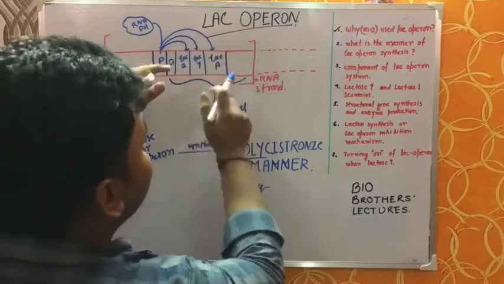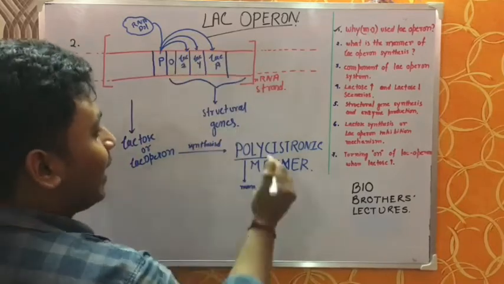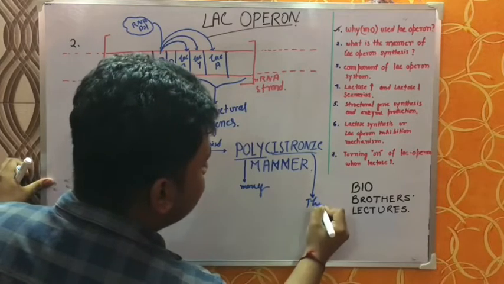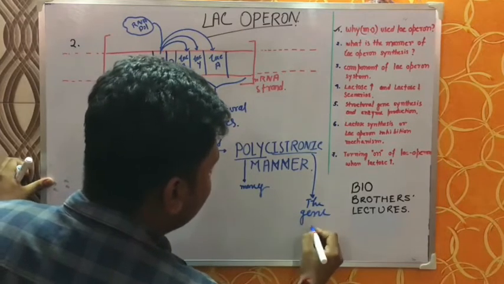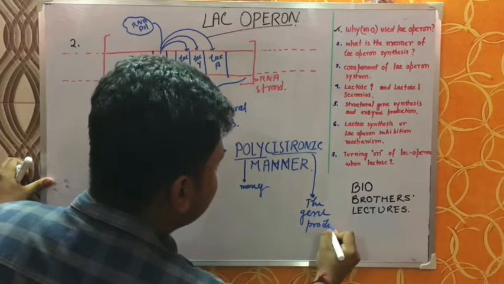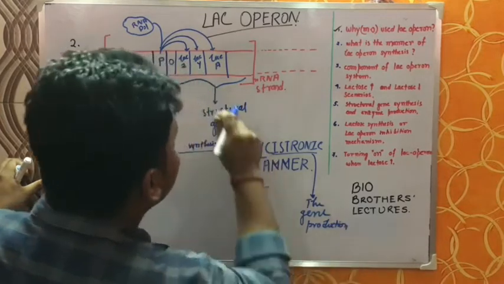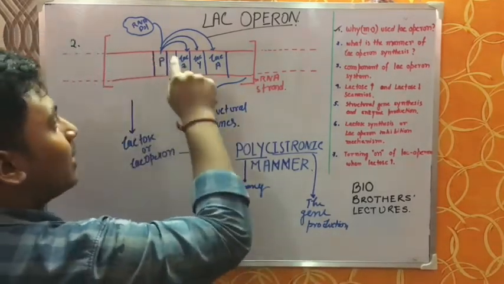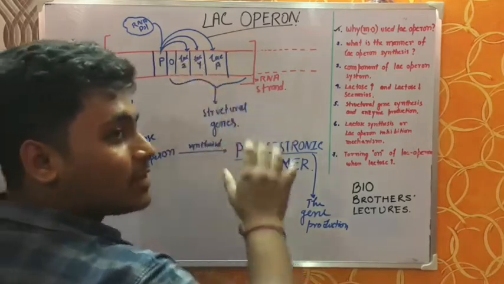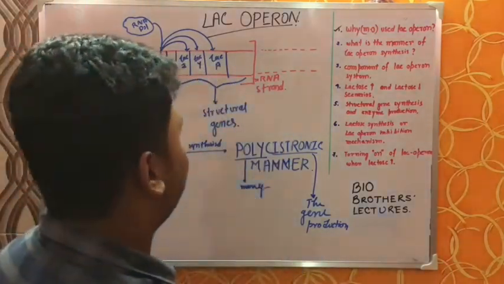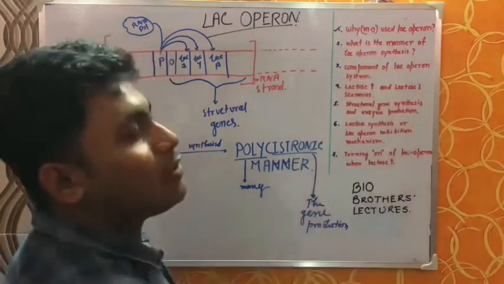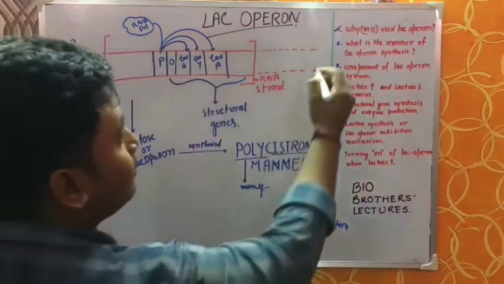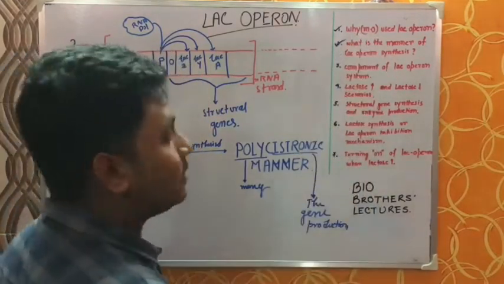So this is polycistronic: many, 1, 2, 3, many cistrons, many genes. As these are the structural genes, under one promoter multiple genes can be transcribed. This is known as polycistronic. So this is the manner in which lactose operon synthesis goes on. The topic 2 is completed.